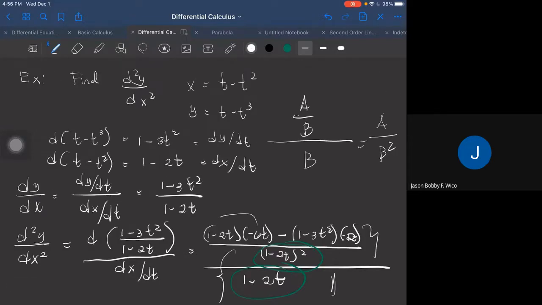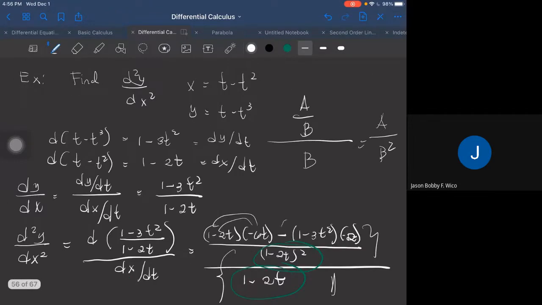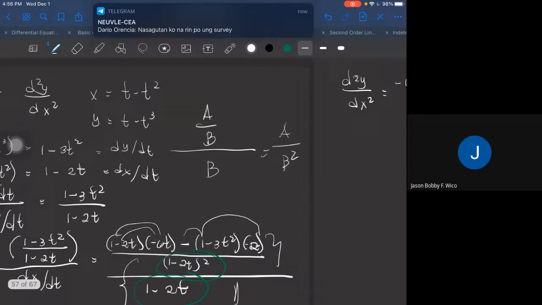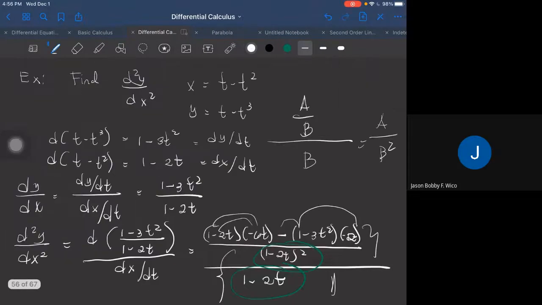We are going to distribute the negative 6t, and then we have positive 12t squared. Right? And then this one times negative 2, so that gives us positive 2. And then this one also, this is triple negative.